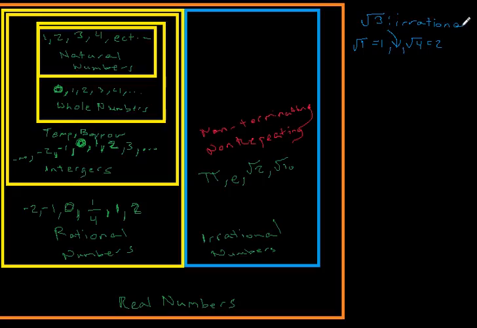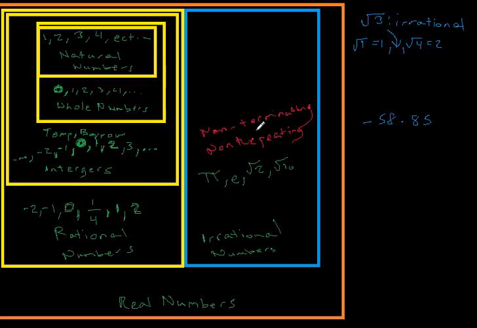Let's take a look at another problem here. Let's look at negative 58.85 and ask yourself, okay, well, let's look at the table here. I can see that this is not a whole number because it has a decimal, and it's not an integer because it has a decimal.